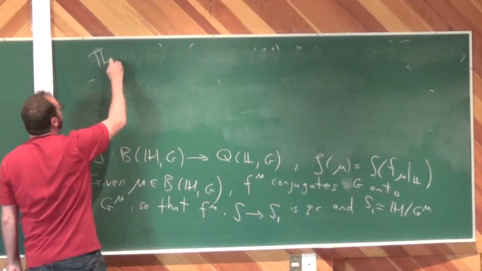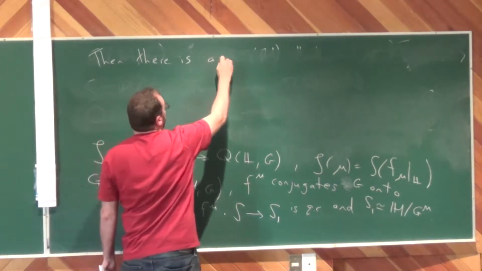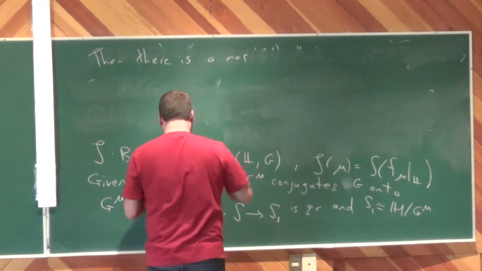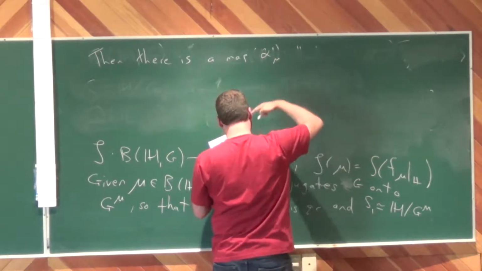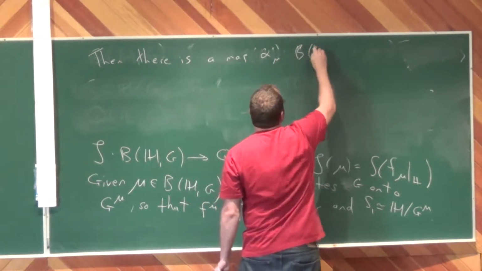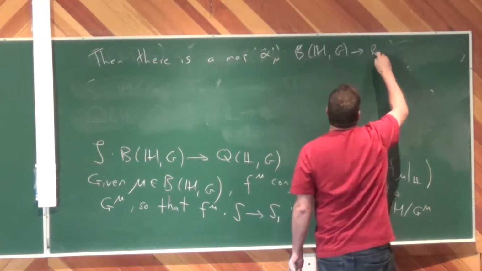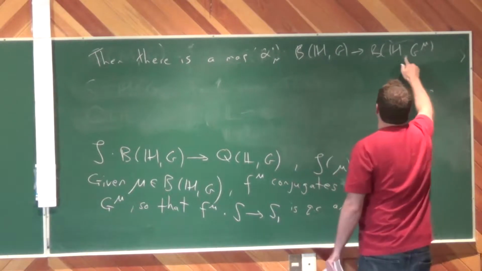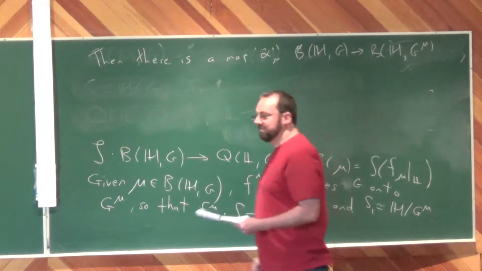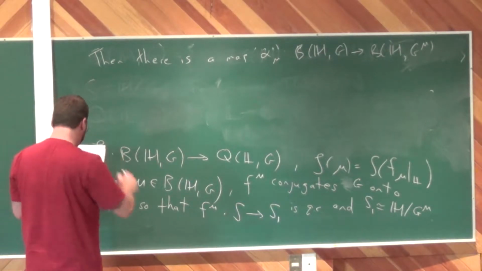Okay, then there's a map, alpha sub mu, from, let me get this the right way around, BHG to Beltrami differentials with respect to the new group we've got, G upper mu.